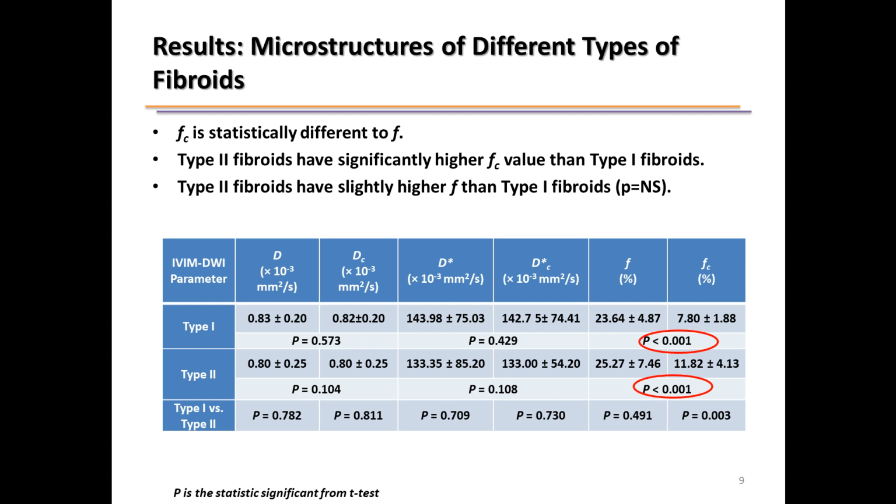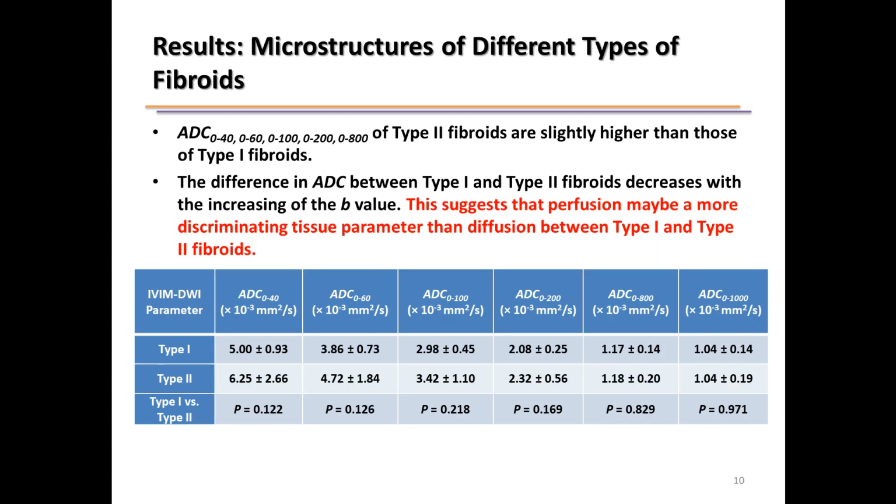FC is significantly lower than F for both type 1 and type 2 fibroids. Type 2 fibroids have significantly higher FC than type 1 fibroids, which is in agreement with the reported DCE results.